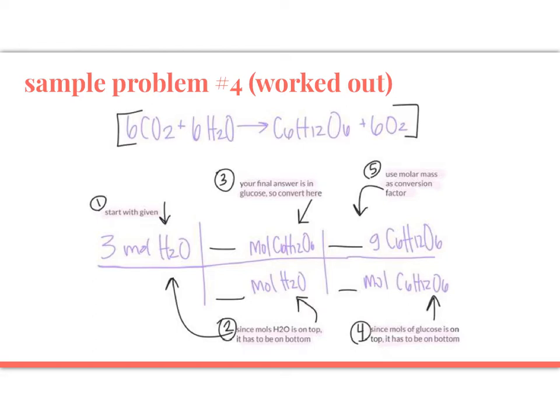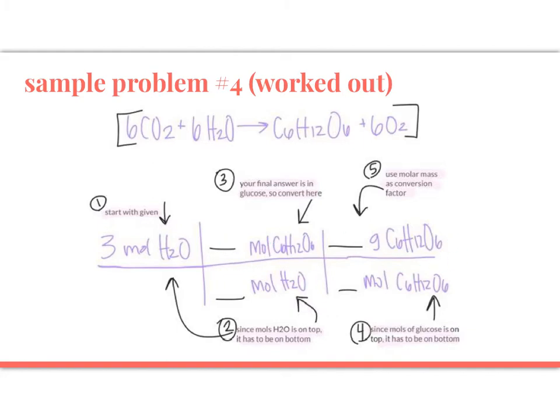And then if we have moles of glucose on top, we have moles of glucose on bottom. And now, what are we trying to get to? Grams of glucose. Can we go from moles of glucose to grams of glucose? Yes, because now we're talking about the same thing. Okay, so this is the basic setup.